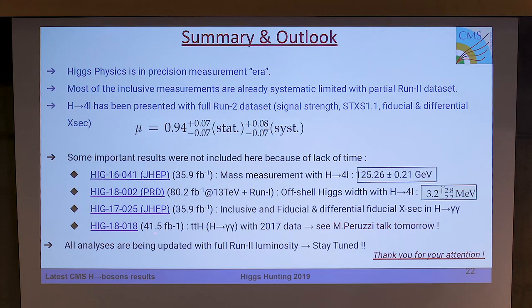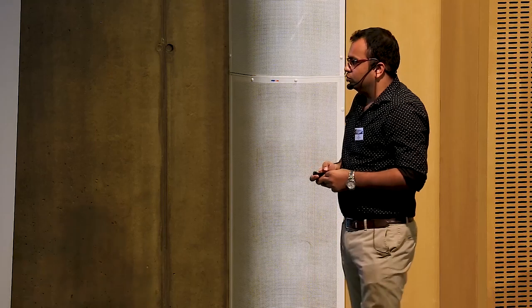You can hear about Higgs to gamma gamma in the TT bar associated production mode tomorrow in Marco Peruzzi's talk. And most of these analyses and some new measurements are being updated with full run-2 luminosity. So stay tuned. Thank you.